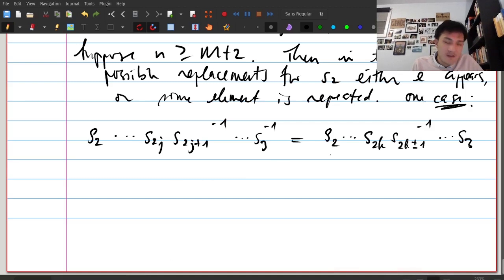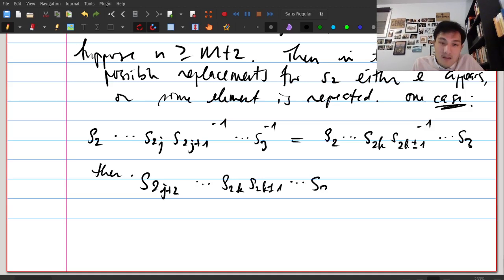But if these two are equal, then you just get rid of all the S2s on both sides and the S3s, like the even ones on the left and the odd ones on the right. We get S2J plus 2 all the way to S2K, S2K plus or minus 1, S2J plus 3 minus 1 is equal to E. Okay?